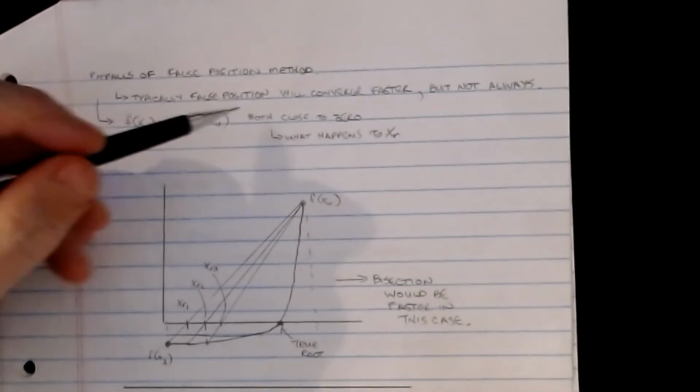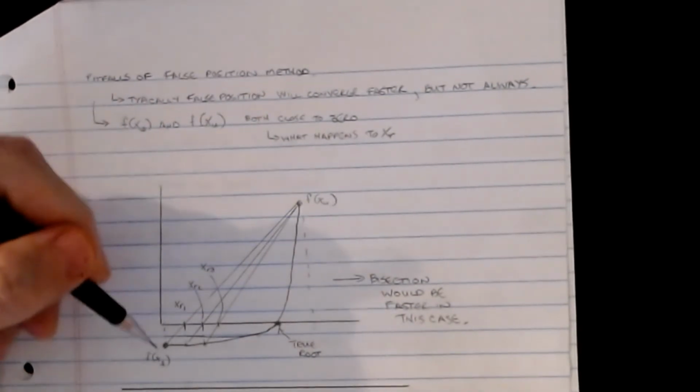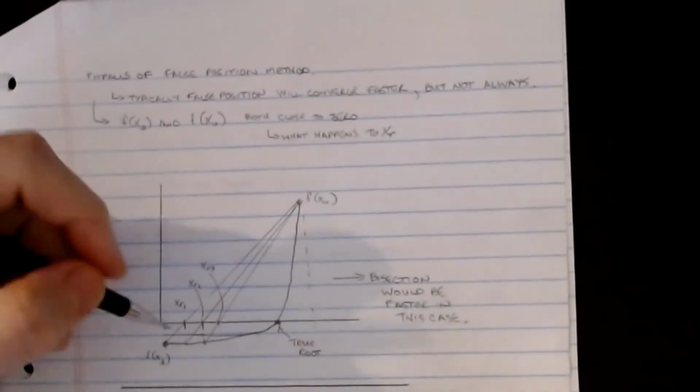Now, there are some problems that occur with the false position method. Typically the false position method will converge faster, but not always. Suppose we have a situation where here's my lower bound, here's my upper bound.